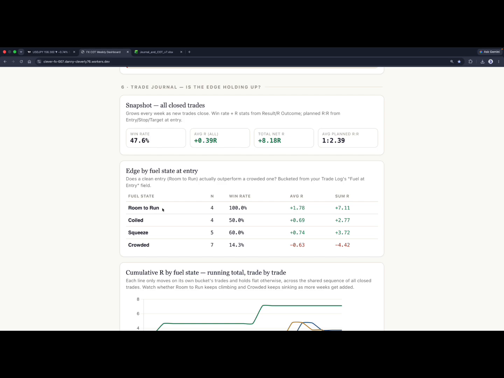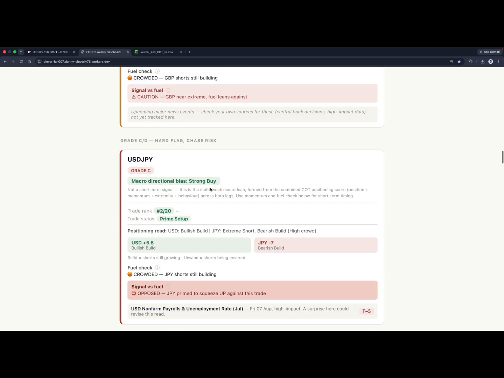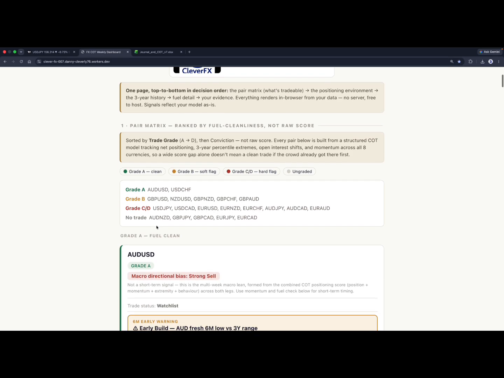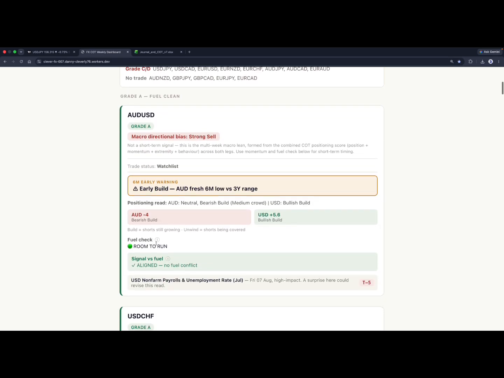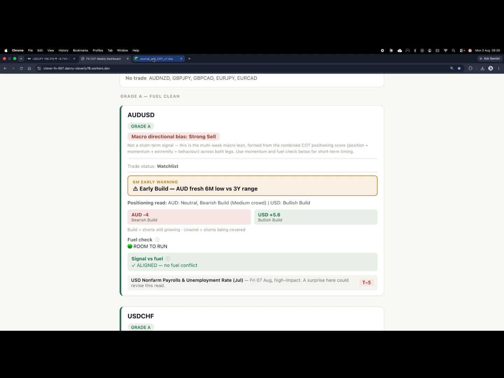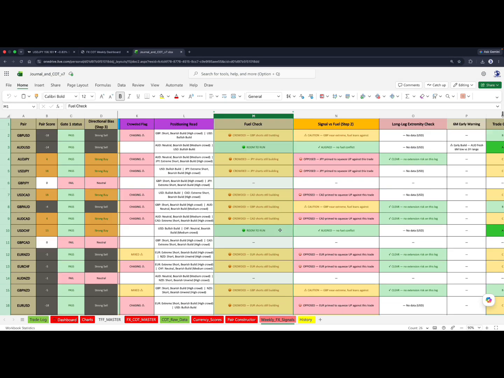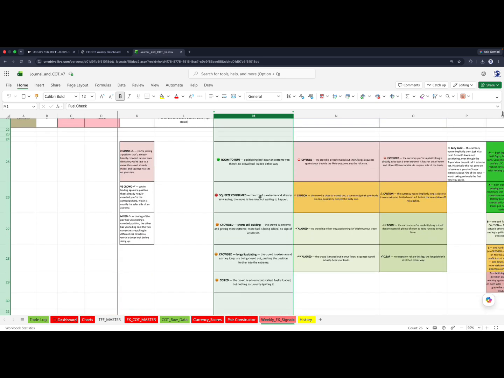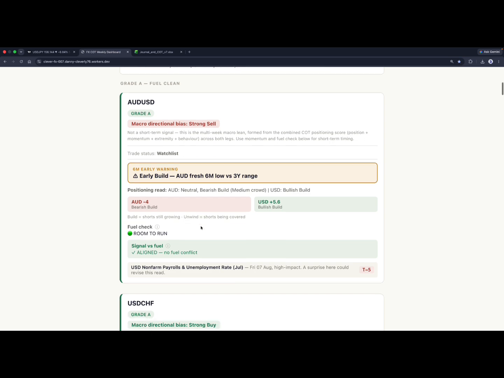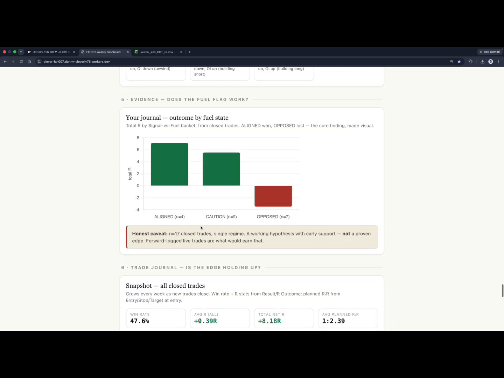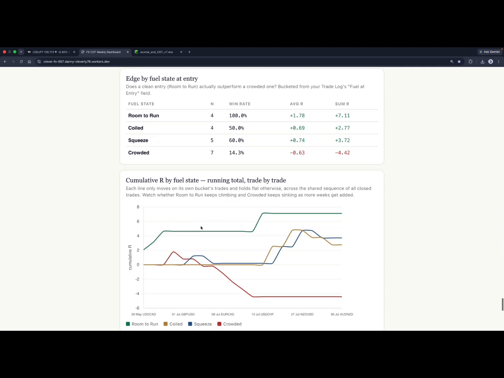Edge by fuel state entry. Room to run, if you remember, room to run was up. Yeah, up here. Yeah, this is it, room to run. And if you remember, we took it from this one here, column M, field check. So that was the legend or the context. And those ones that suggested the trades are entered with room to run, all of this has been journaled.